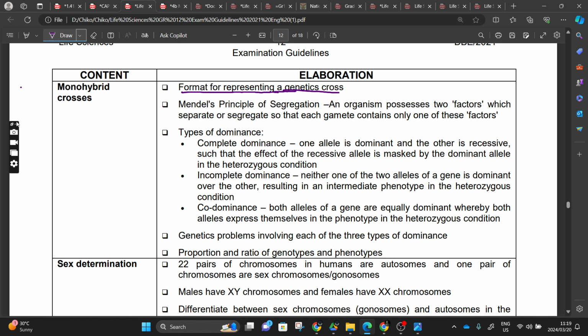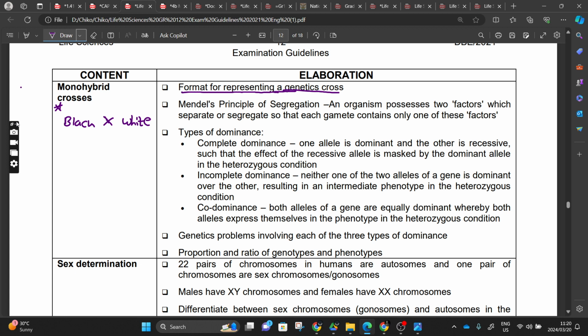So okay, let's check an example. We have a phenotype, genotype. Let's use skin color. We will say a black man shared his gametes with a white lady. And then they will also tell you that the black color is dominant over the white color.